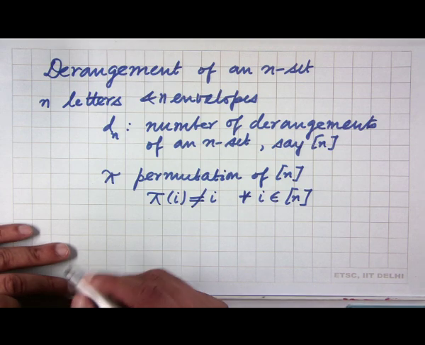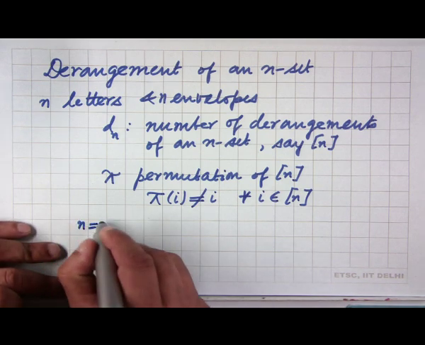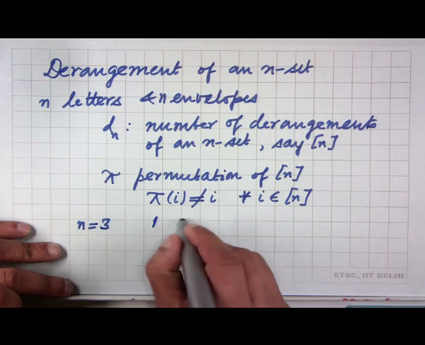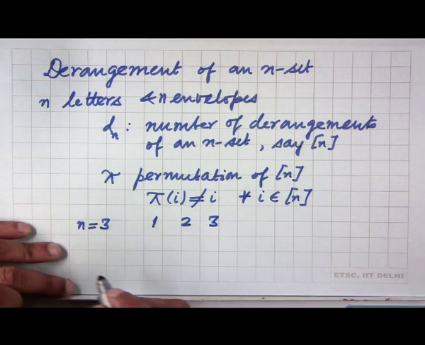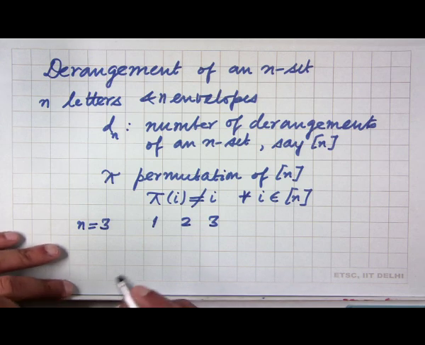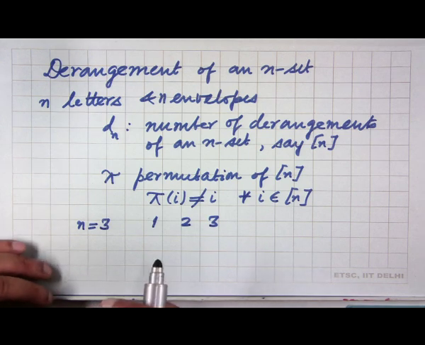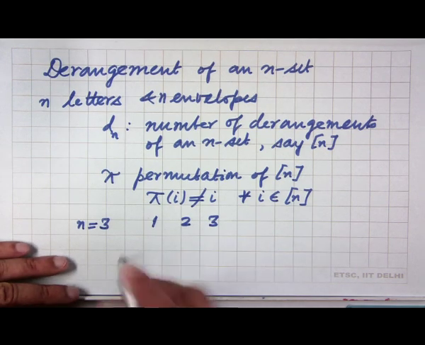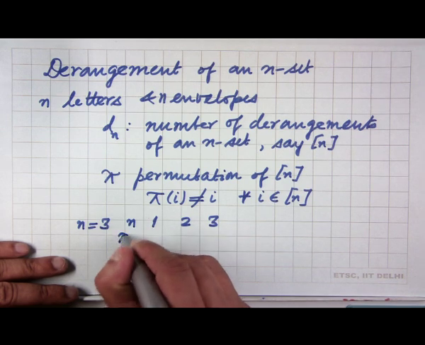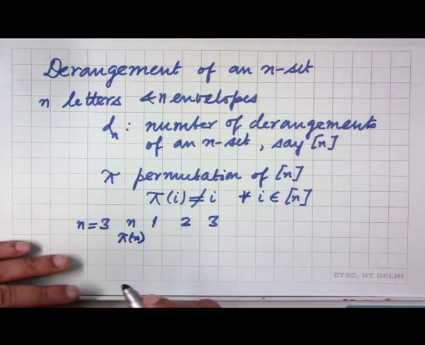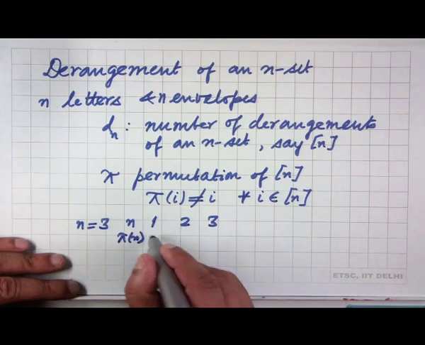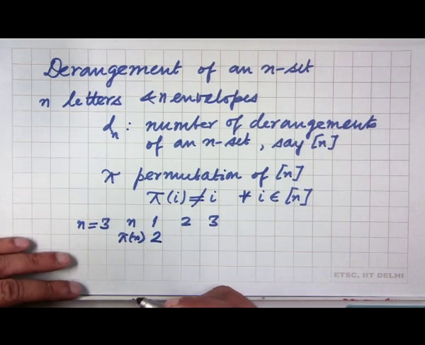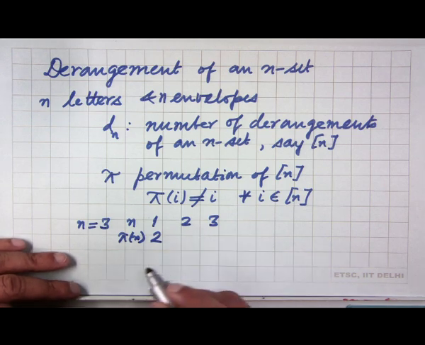So for example, if I just take the instance of n is equal to 3, and I have a permutation, what I'm required to do is to rearrange the numbers 1, 2, and 3 in some order, such that what I fill under 1 is not 1. It could be 2 or 3. Let's say I put 2 here, then I'm left to put 1 and 3 in the other 2 slots.